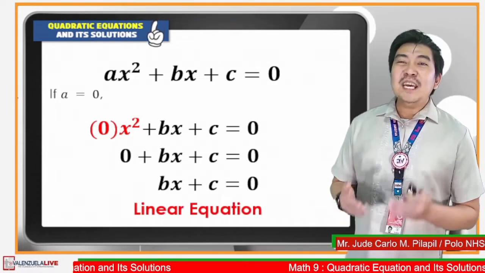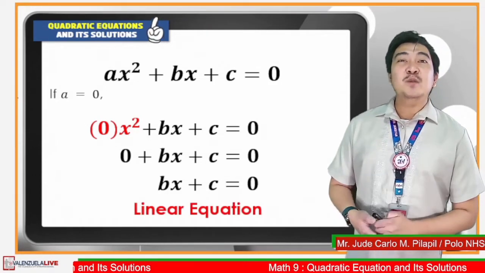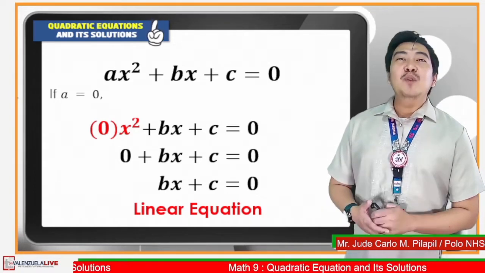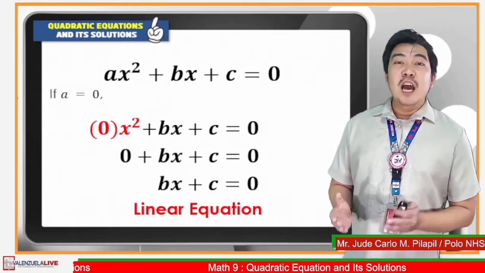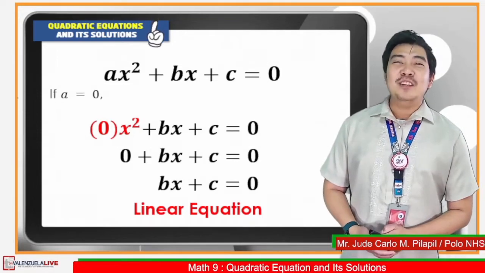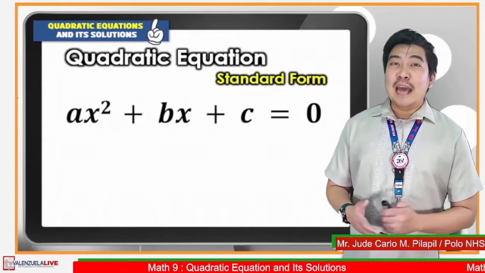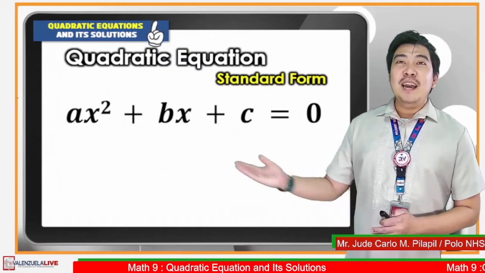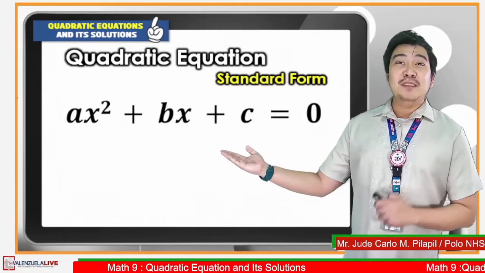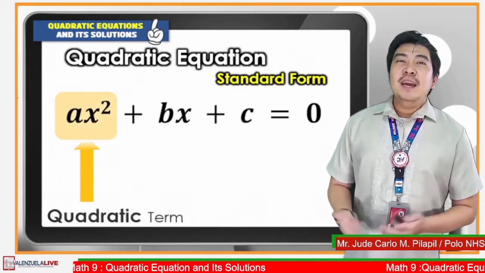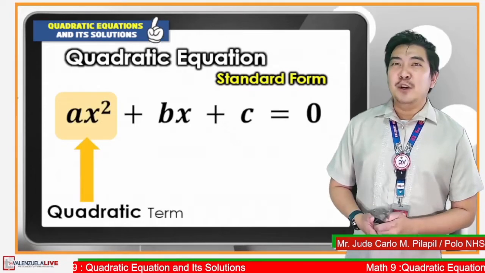So it is important that we consider this restriction, a should not be equal to 0, because this will make our quadratic equation unique from other equations. A quadratic equation has its standard form, given by ax squared plus bx plus c is equal to 0. The first term, ax squared, is what we call the quadratic term.